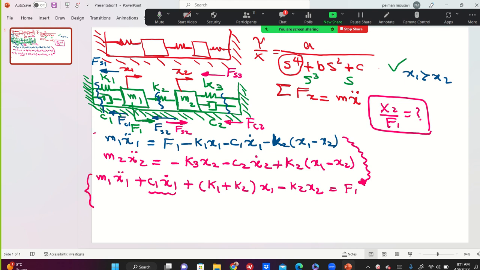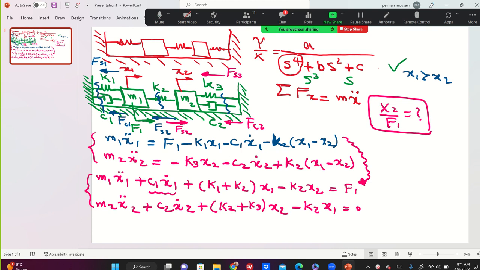And m2 x double dot 2 plus c2 x dot 2 plus k2 plus k3 times x2 minus k2 x1 is 0.